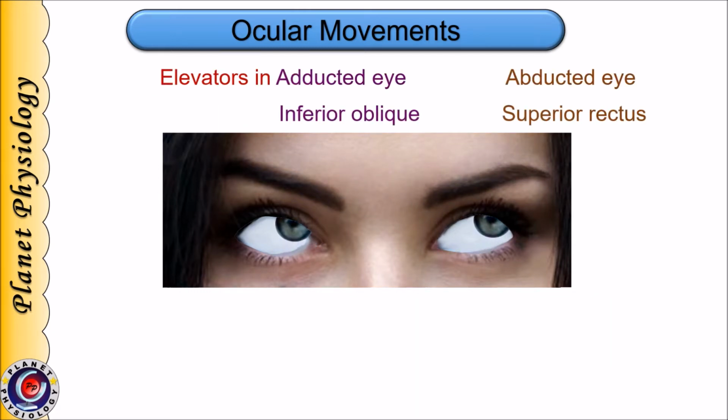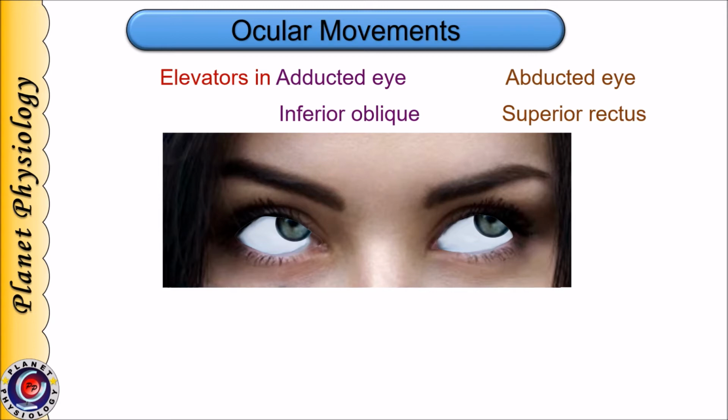Elevation of the eyes from this particular position is brought about by superior rectus and inferior oblique muscle. So in the left eye, which is in abducted position, elevation is caused solely by superior rectus muscle, whereas in the right eye, which is in adducted position, elevation is brought about by inferior oblique muscle.